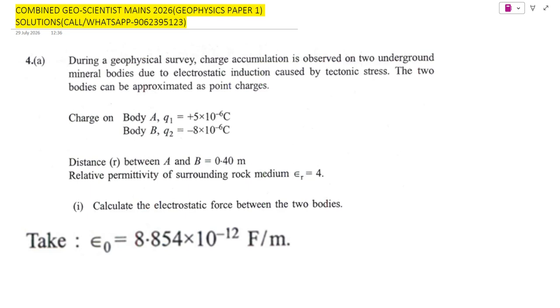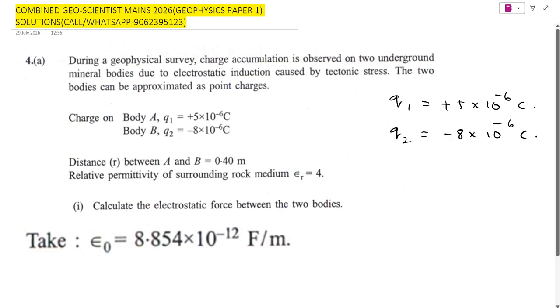Given: charge on body A, Q1. Charge on body B, Q2. And distance between them, R, is 0.40.